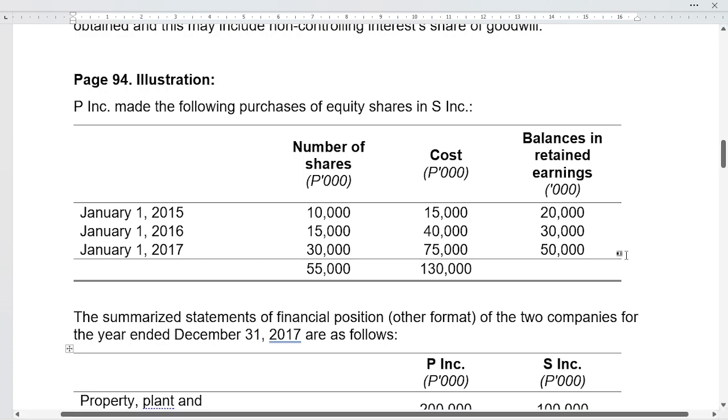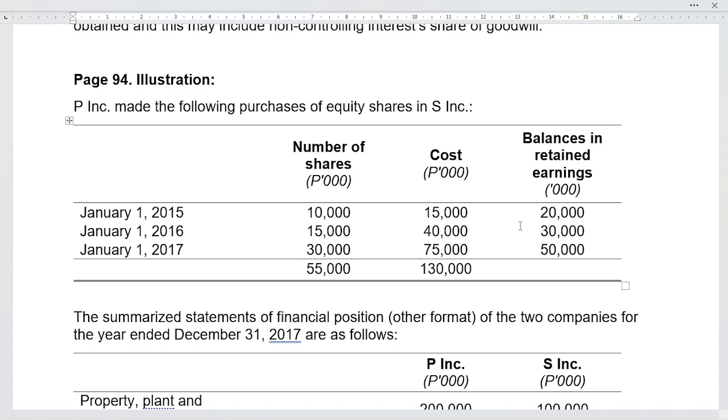Ngayon, as of December 31, 2016, magkano ang net income? 50 minus 20 equals 30,000. No. Noong December 31, 2016, magkano ang net income? 50,000 minus 30 equals 20,000. 20,000, ha?